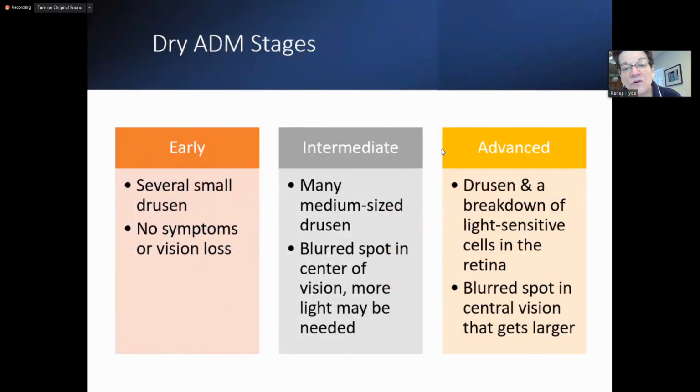Now there's several stages, but what you need to remember about this is that early on, they may already have the dry AMD, but there are no symptoms of vision loss. But as it progresses, that blurred spot in that central vision gets larger.